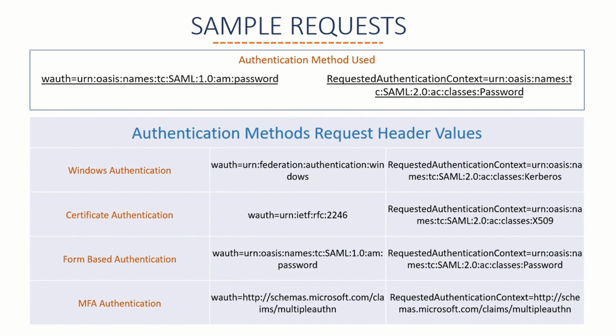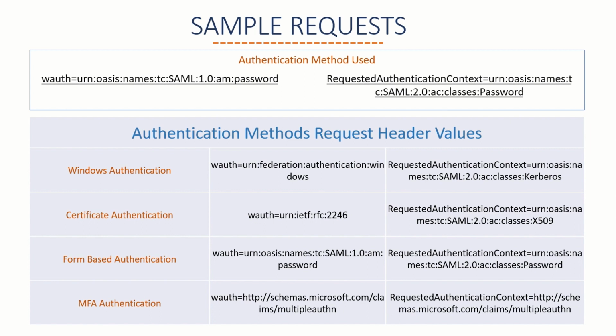So in this case, if my application is sending a redirect to ADFS, the identity provider will prompt for form-based authentication. This table is a reference point that I'm keeping in this video so that you will be able to relate when I showcase all this in Fiddler.